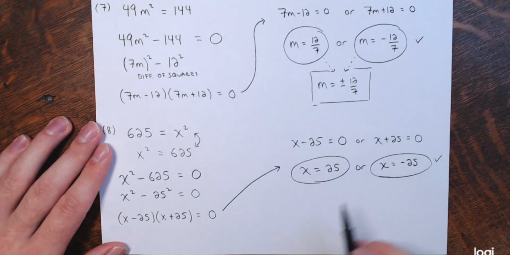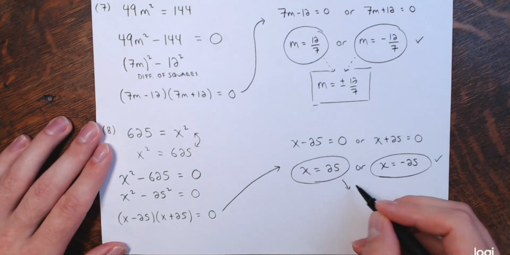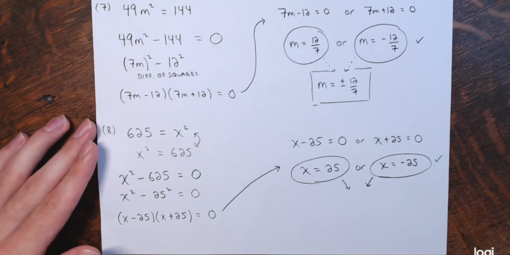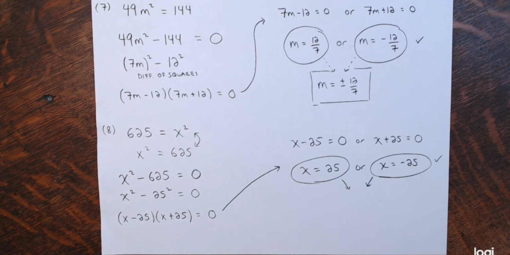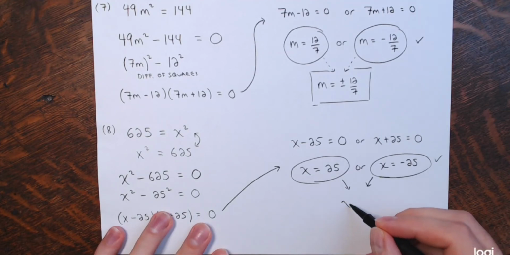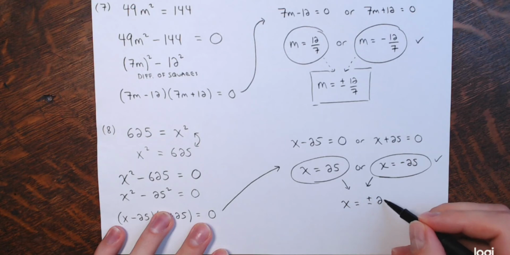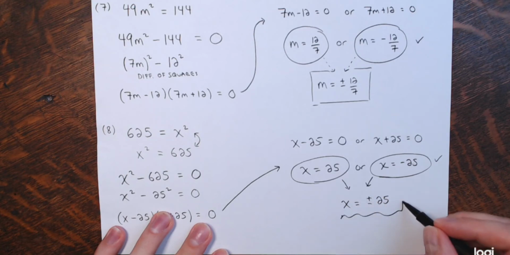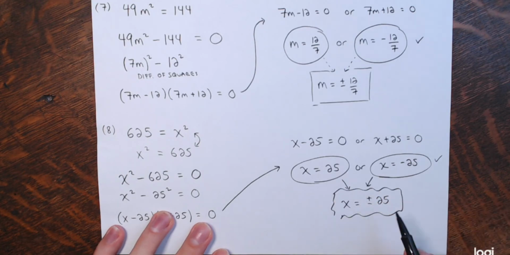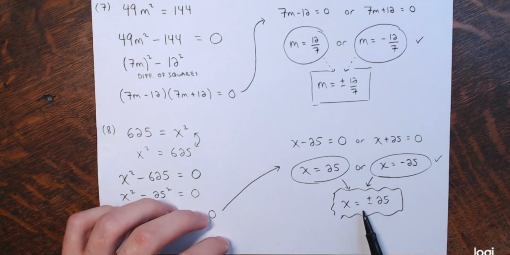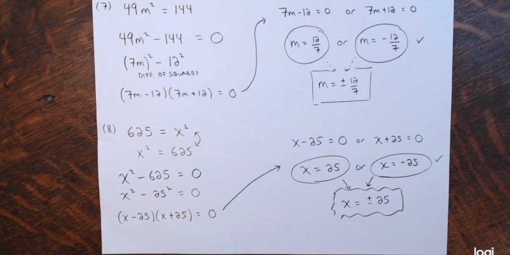And they both work. And just as in example 7, both solutions are the same number, just opposites, right? One's positive, one's negative. So you can actually, if you want to, write x equals plus or minus 25, right? Positive or negative. This has the same meaning as saying x equals 25 or x equals negative 25, but both are good solutions.